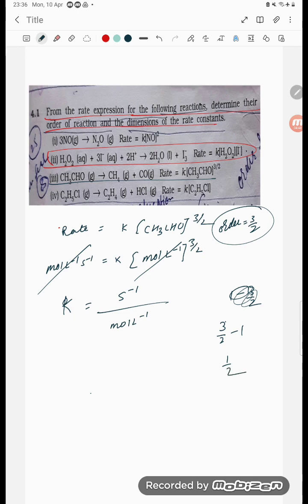So 1 by 2 is left. So it is second inverse, mole to the power minus 1 by 2, and liter to the power 1 by 2. So you see, students, it is liter 1 by 2, mole minus 1 by 2, and second inverse. So this is the correct answer, students.